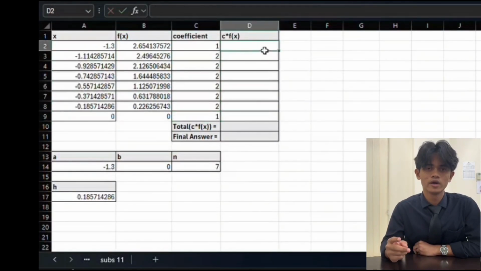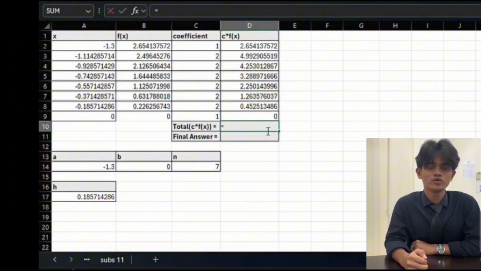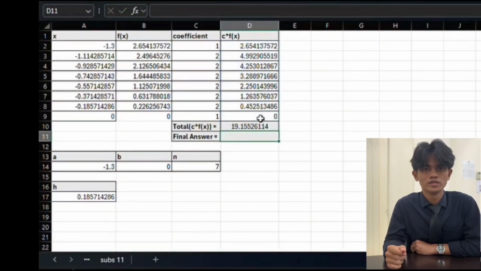After we get the coefficient, the x and fx, we can find the sum of the multiplication of coefficient and fx. In order to find that, we multiply the coefficient with fx for each data. After we get x, fx, and h, we can use them in a new formula, which is h over 2 times the sum of the multiplication of coefficient and fx.